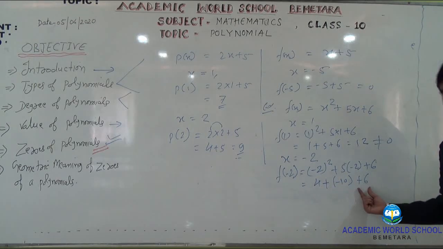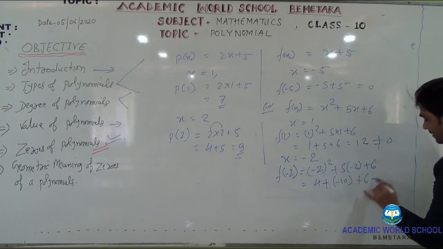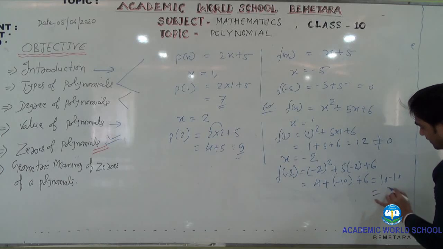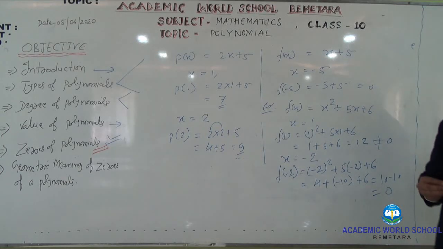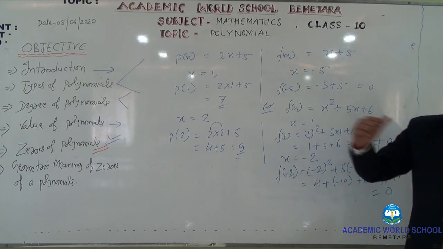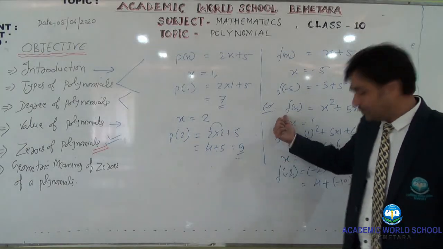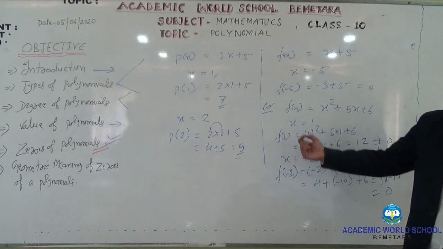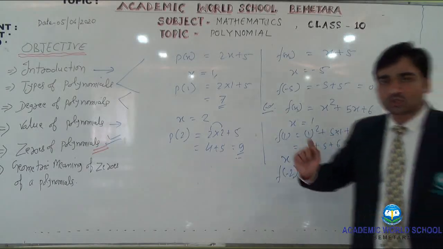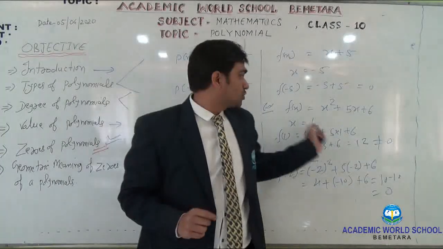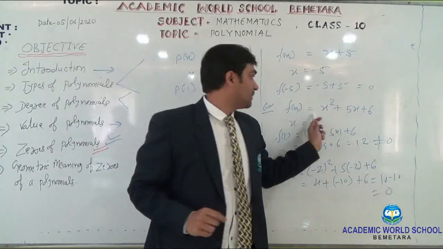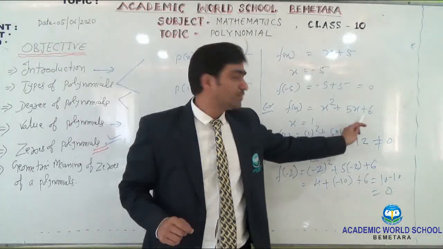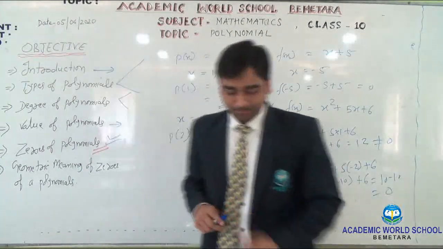So 4 plus 6 is 10, and 10 minus 10 is 0. So what we got is 0. This shows that x equals -2 is a zero of this quadratic polynomial, f(x) equals x square plus 5x plus 6.